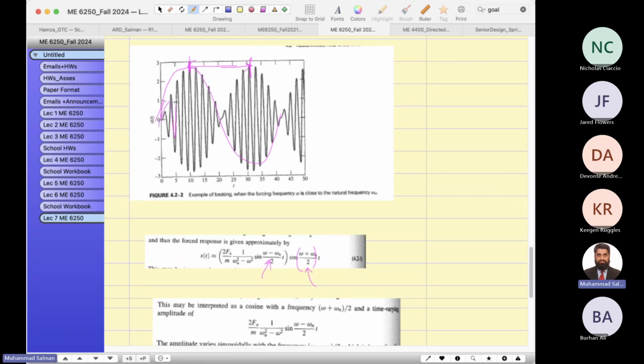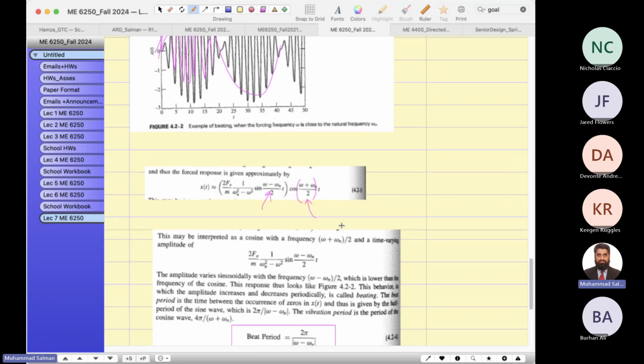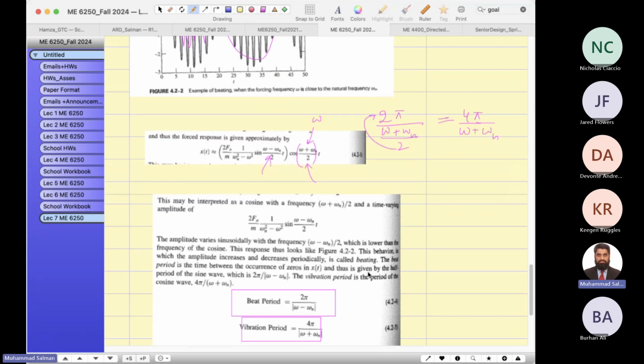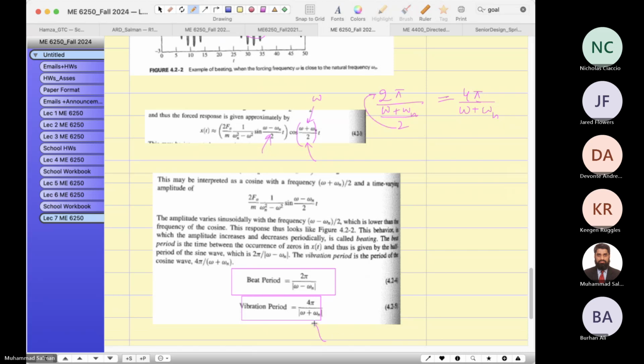So these are the vibrations, okay? The period of this vibration is 2 pi over, imagine this is omega, omega plus omega n over 2. So this 2 goes in the numerator, so the vibration period is 4 pi over omega plus omega n.